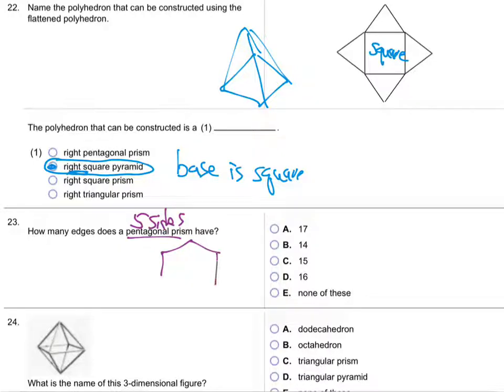So let's draw a shape. Well, mine always end up sort of looking odd. That's about the best I can do. So pentagon there, and pentagon there. That's not very good drawing, sorry.